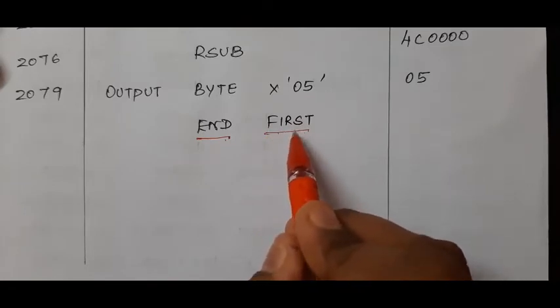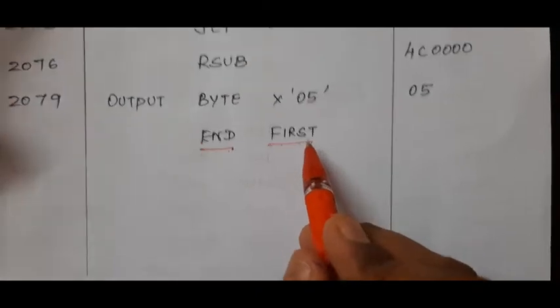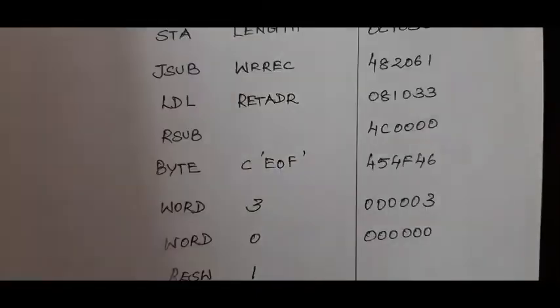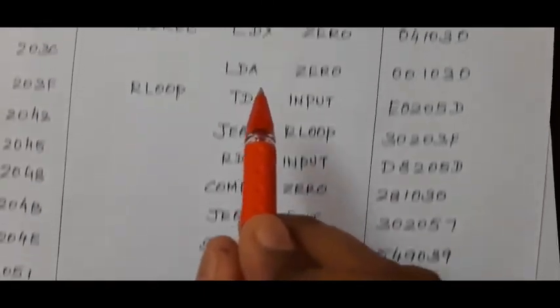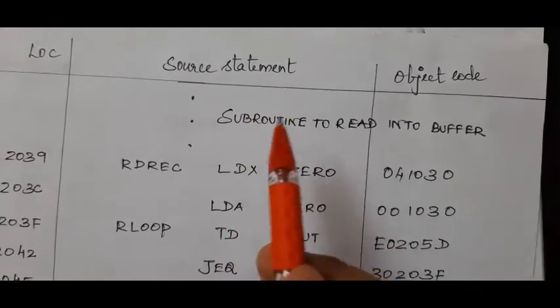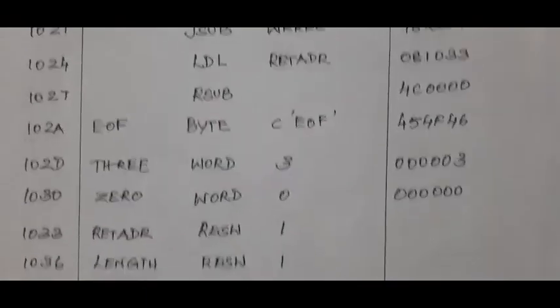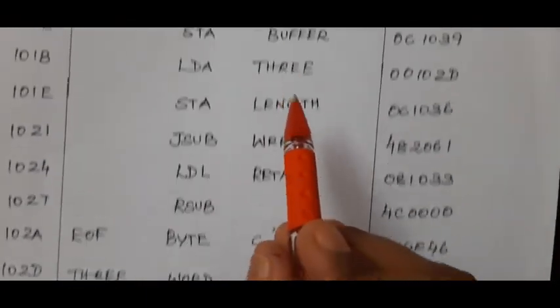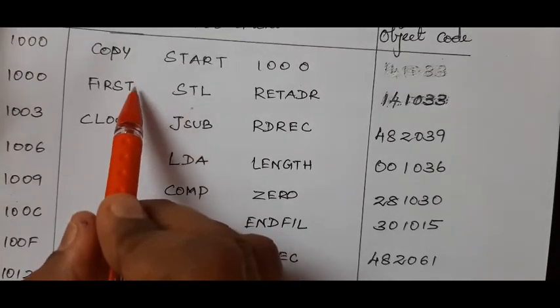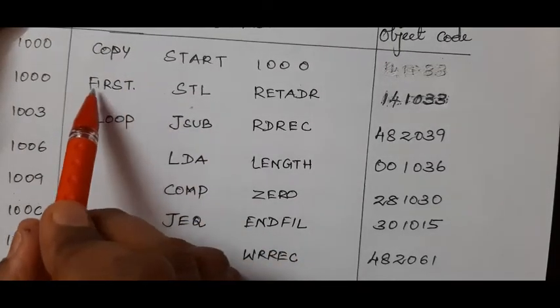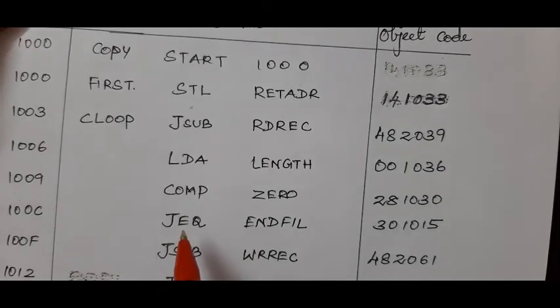So what is FIRST? This is a label, so we have to check where the label is available. See, it is not available here, not available, not available, so we have to go to the further statements. Here we could find it. So this is the label; here we started and there we ended.